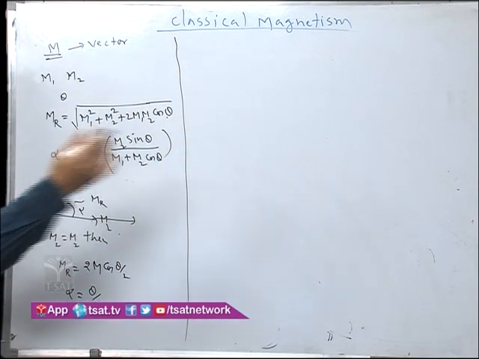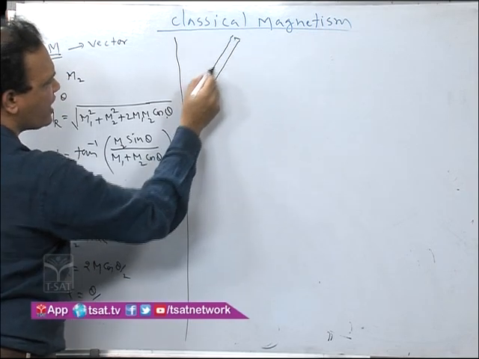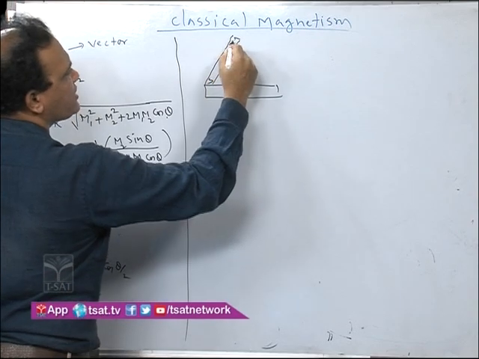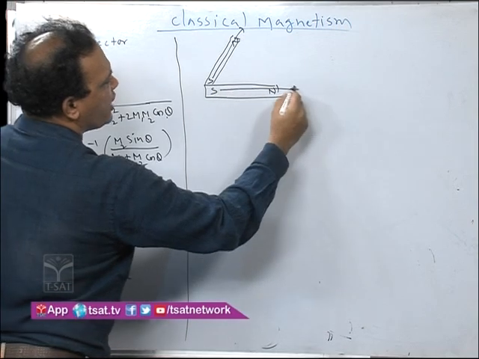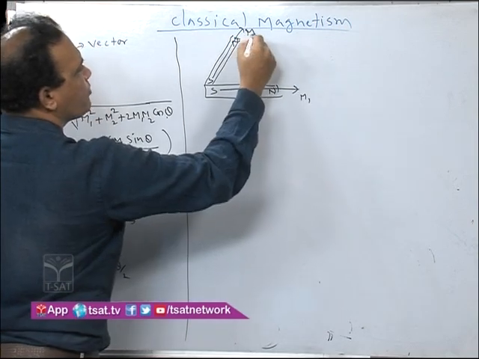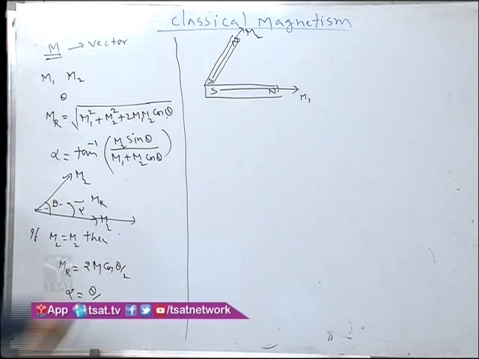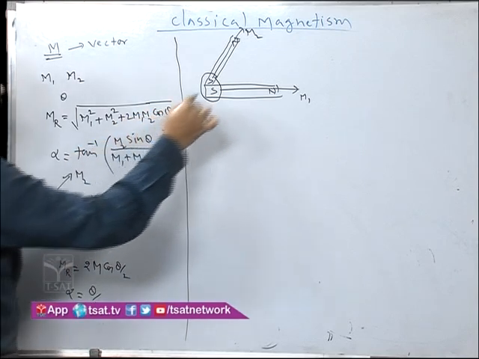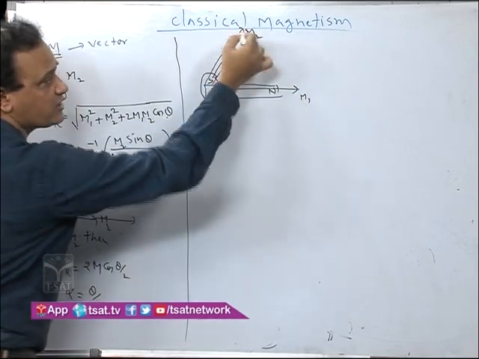Now I am taking a different combination of bar magnets combined at an angle theta. Suppose two bar magnets, south to north and south pole to north pole, m1 and m2. See the angle between the two vectors m1 and m2 when like poles are in contact with each other. Therefore the angle between the bar magnets and the angle between the vectors are the same.